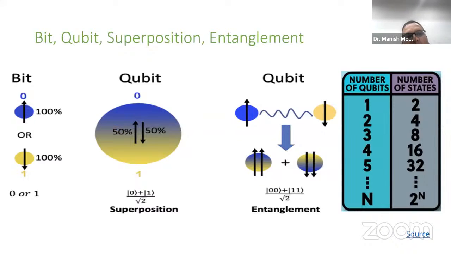Whereas in the qubit, we have probability. It can be 0, it can be 1. We can have equal probability for 0 or 1, 50-50, or a 30-70 ratio or an 80-20 ratio. Anything is possible. That's where we say in a qubit two states can be represented at a time, and we call it a superposition of states.